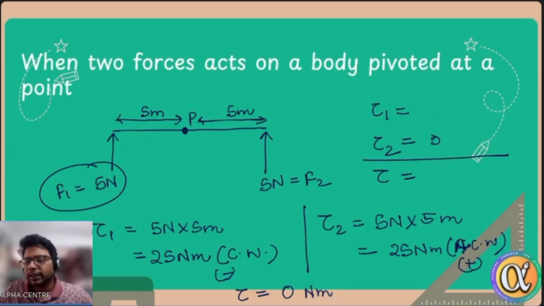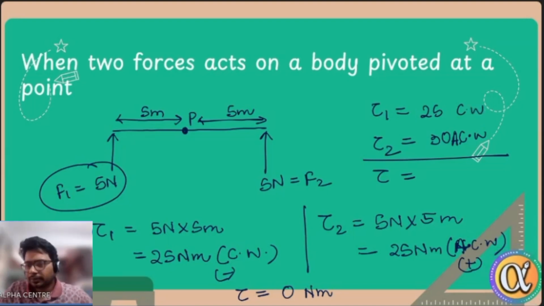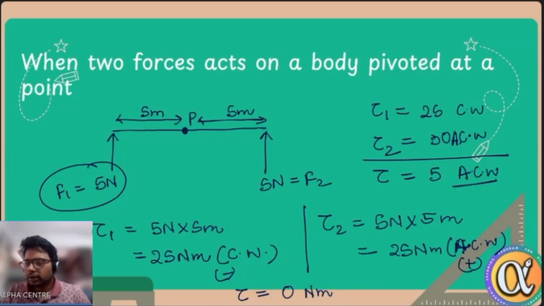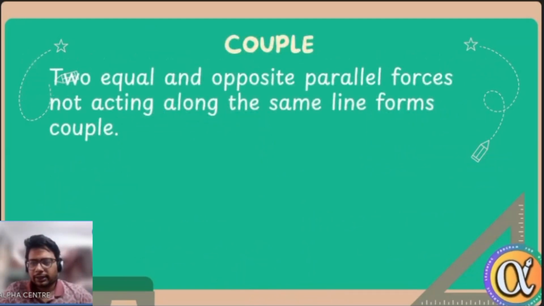For example, if I have 30 anti-clockwise and 25 clockwise, then what is the resultant? 5 anti-clockwise. Yeah, that's all. Some questions will ask you to find the resultant of two torques. So you just see which one is greater and take the extra in that direction. Clear?